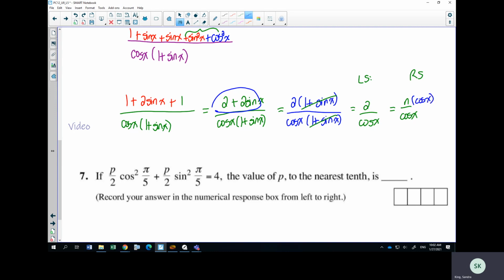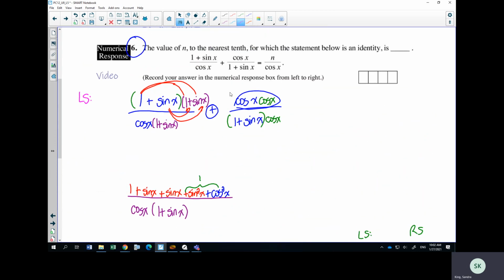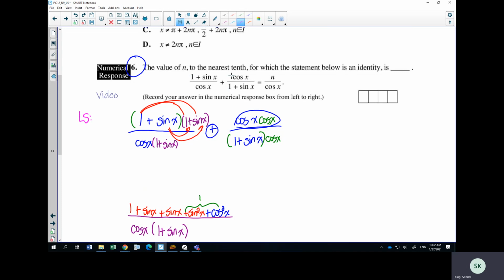Multiplying this side by cos of x, multiplying this side by cos of x. And then we are left with n is equal to, and cos of x and cos of x cancel, so it's going to be equal to 2. If I go back up, it says what's the value of n to the nearest tenth? So if we're writing this to the nearest tenth, n is equal to 2.0.